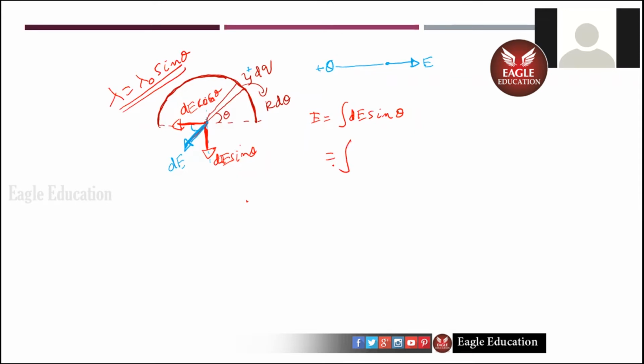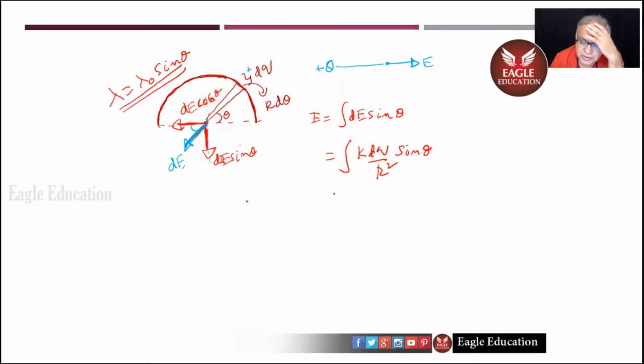Sir, dE is k dq by R square. Okay, k dq by capital R square, sine theta. dq equals to lambda. Ask people to just leave the room. Tell them. Okay, sir.